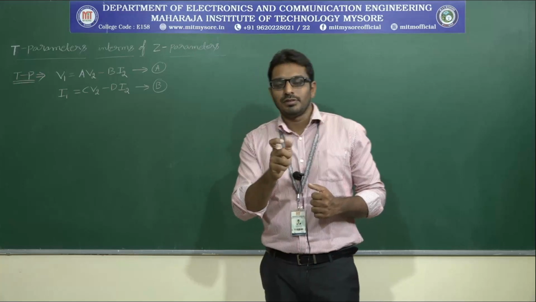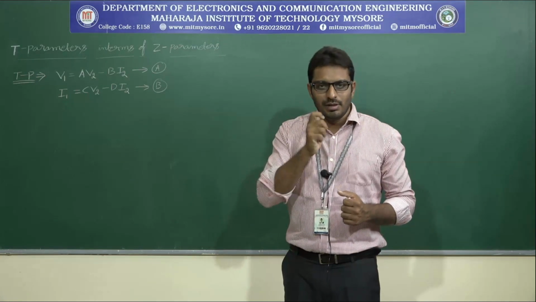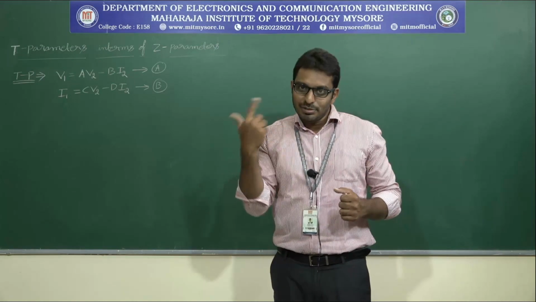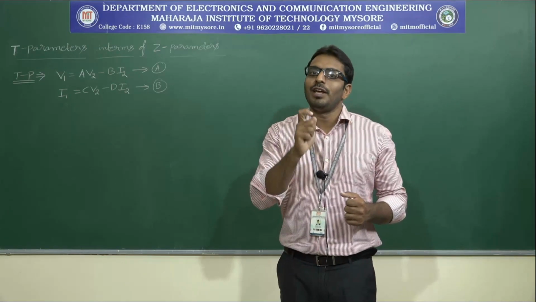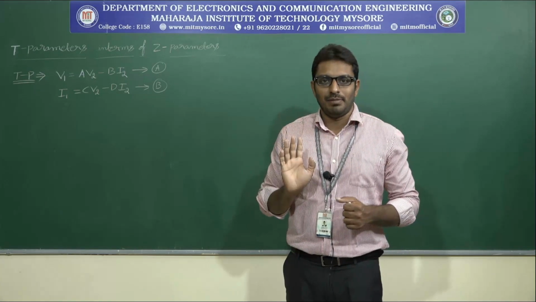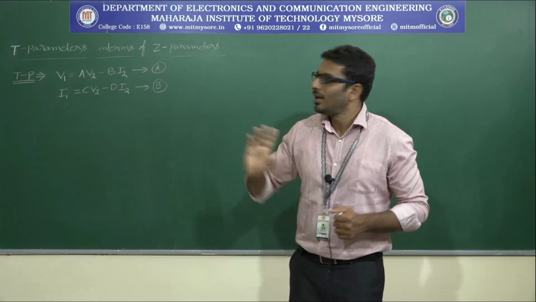Please don't get confused. Many of you make the mistake: if the question is Z parameters in terms of Y, 50% of students will write Y parameters in terms of Z parameters. Please don't make this mistake.